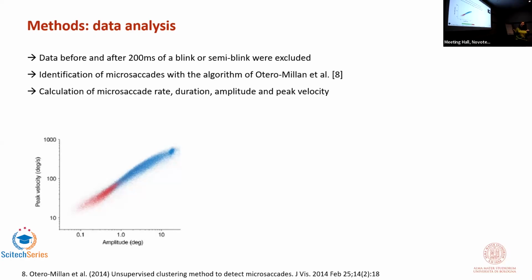All the rest are saccades. So what is shown in red is microsaccades in this range of amplitude and peak velocity, and all the blue stuff are saccades. Everything bigger, much bigger, because those are detectable.